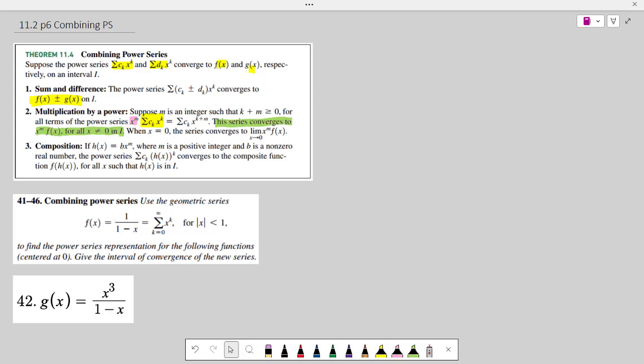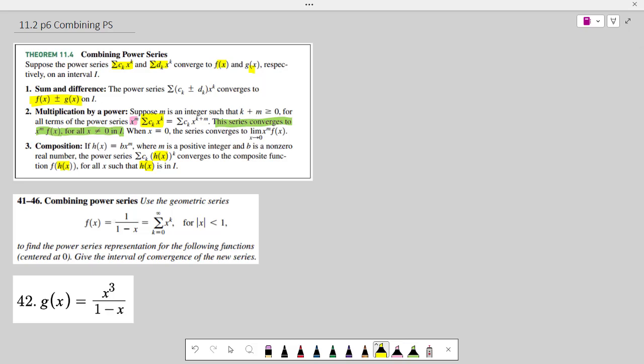The next one is pretty straightforward. It says if you do a substitution, so we've got a power series that converges, and instead of having f of x, we take another function and put it inside of f. So we're doing a composition. The new power series is going to converge as long as that substitution you made is in the interval of convergence.